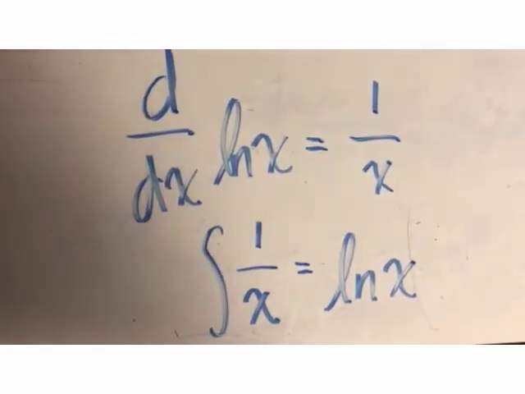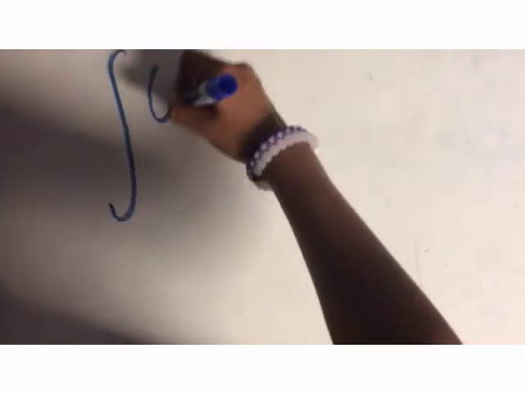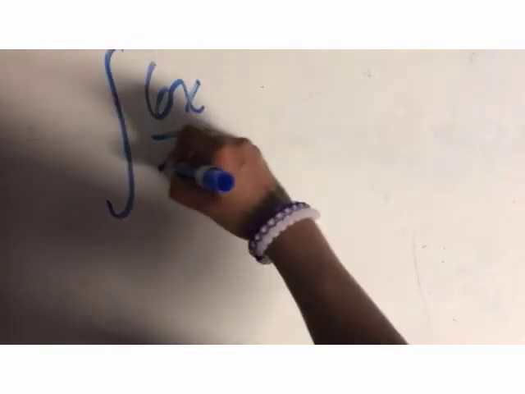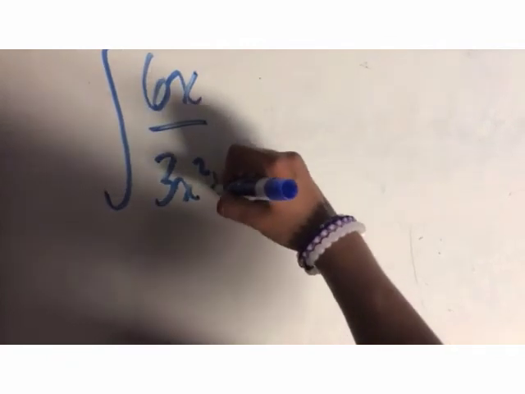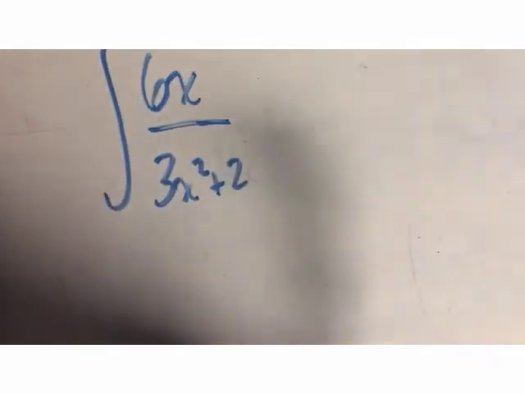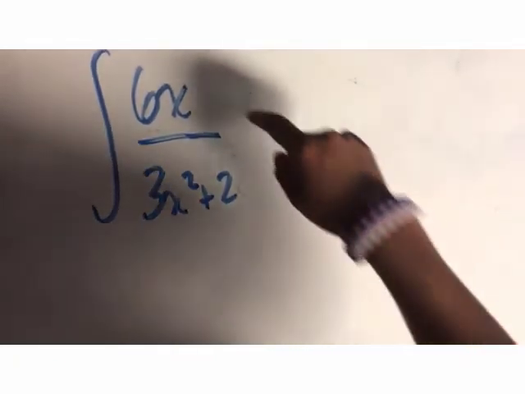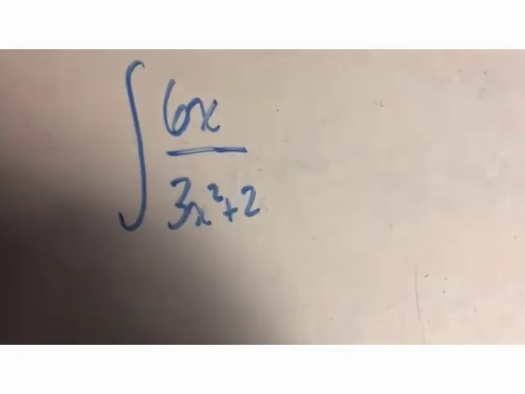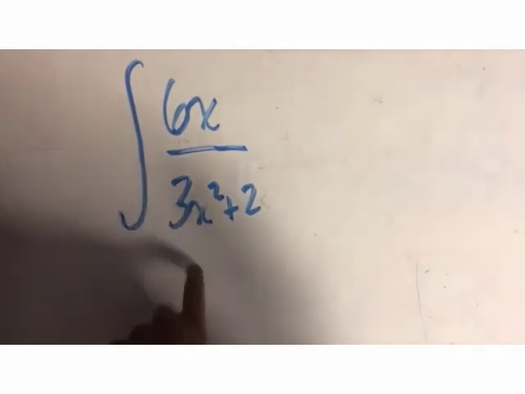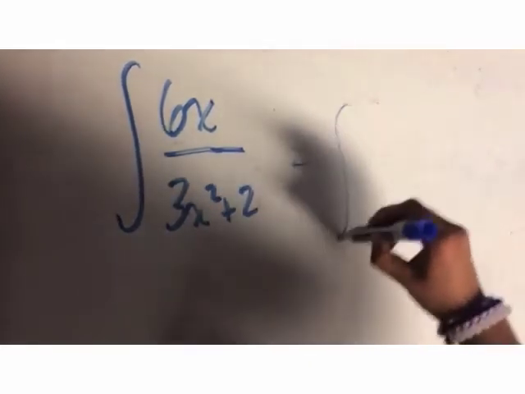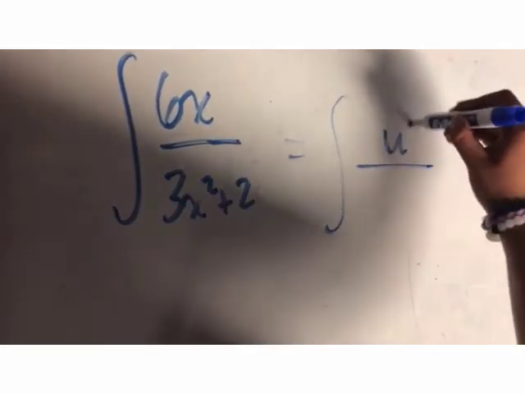So let's now do some examples. When given the integral of 6x over 3x squared plus 2, the first thing you need to do is recognize that you have the derivative in the numerator. Meaning, here I technically have u prime over u.